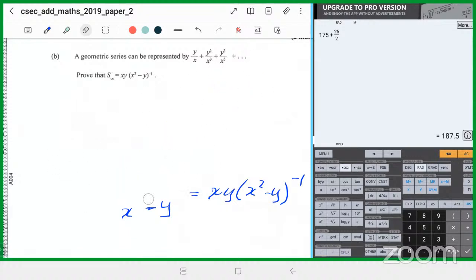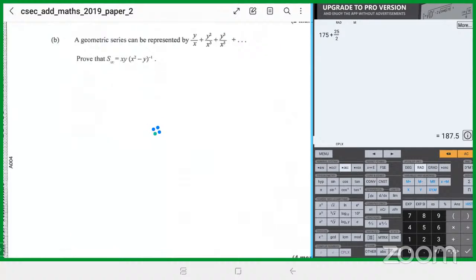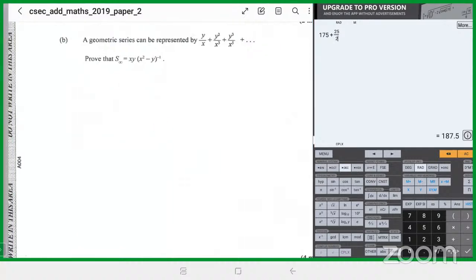All right. That was our 2019. Look at 2020, 2021, because there's no exam in 2020.